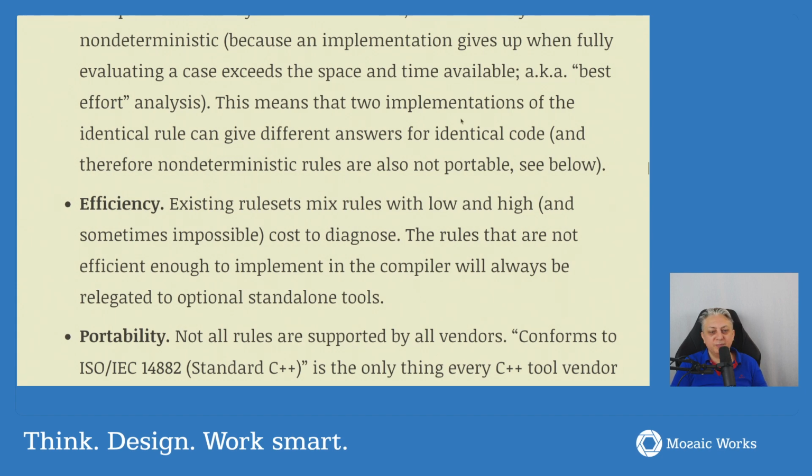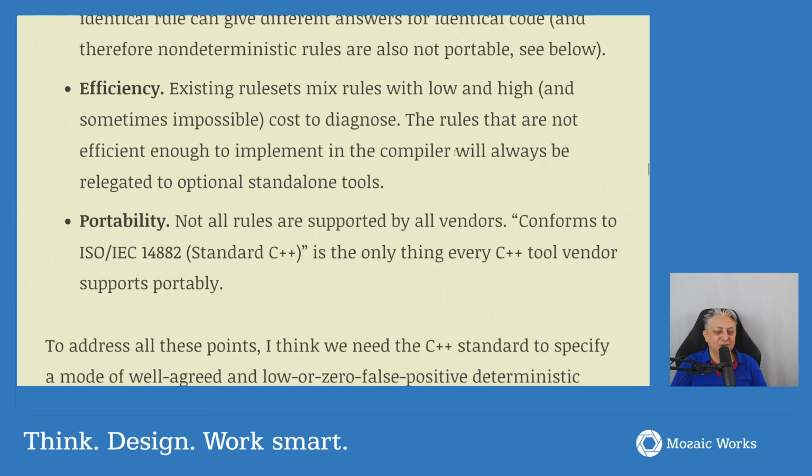This means that two implementations of the identical rule can give different answers for identical code. Cool. So not only is it difficult to find the tool, once you get it, install it, and include it, it will give mixed results.